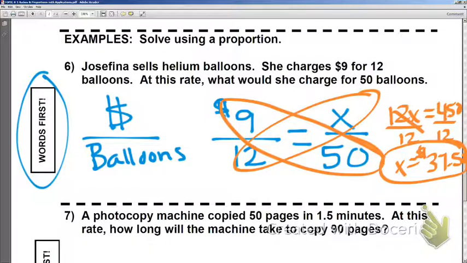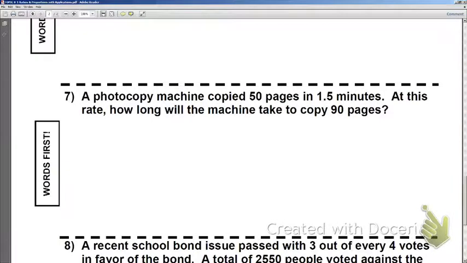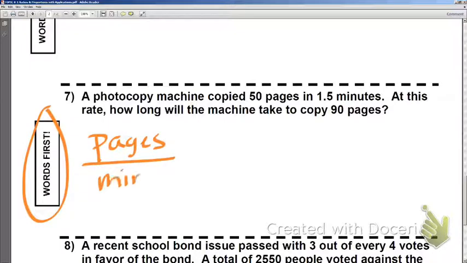Okay, let's do another one. So on example 7, a photocopy machine copied 50 pages in 1.5 minutes. So my words first, I'm going to put pages over minutes. So my first ratio would be 50 pages in 1.5 minutes. And at this rate, how long would the machine take to copy 90 pages?